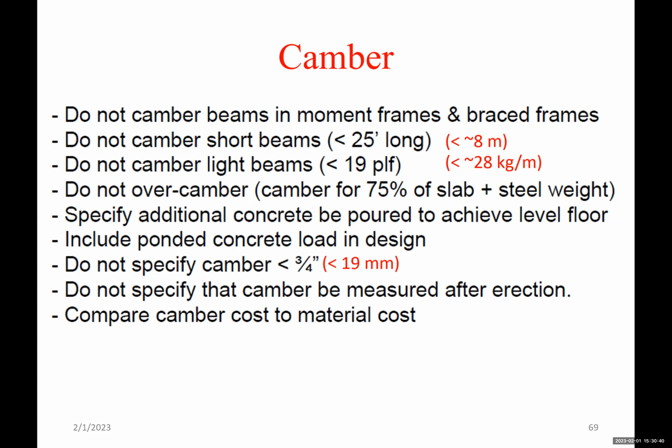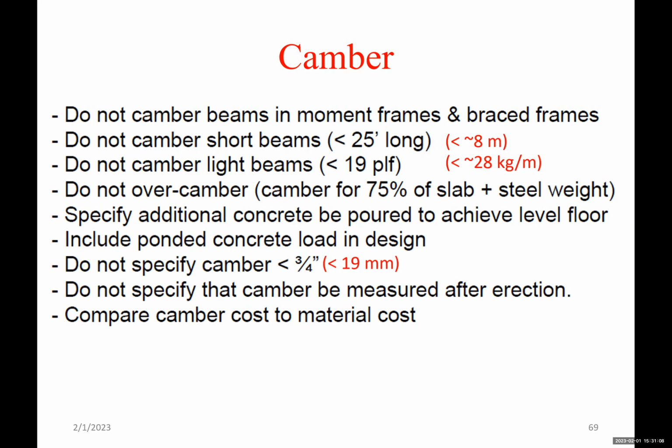Specify additional concrete to be poured to achieve level floors. When we don't camber and have deflection, after they cast the concrete there will be deflection, so there will be concrete needed to level the floor.